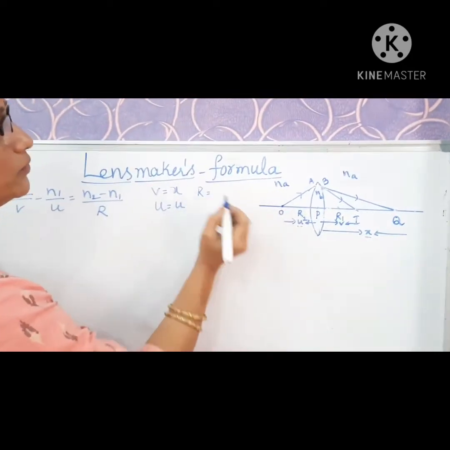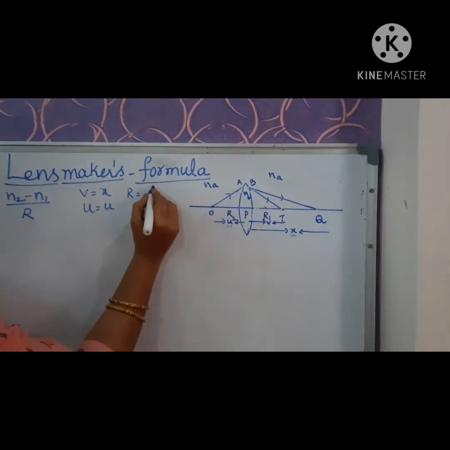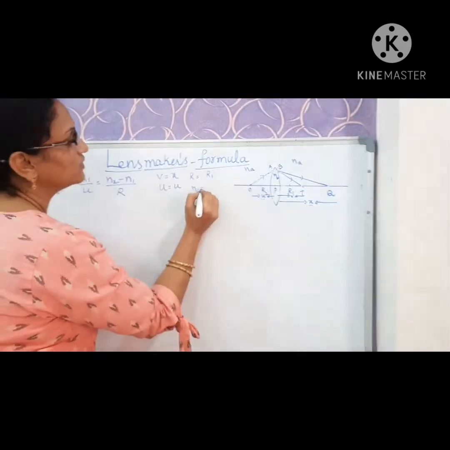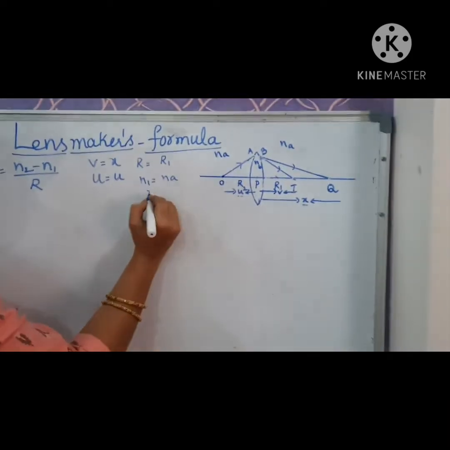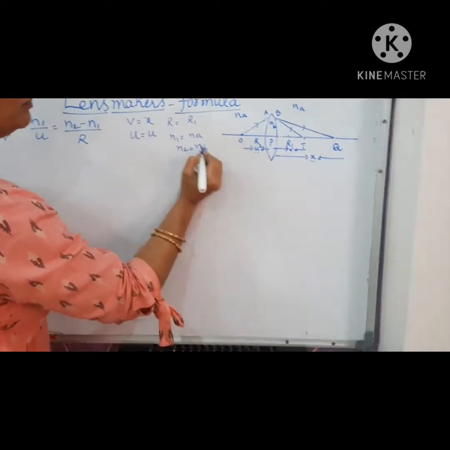For this curved surface, R1 will be the radius of curvature. And N1 is the refractive index of the first medium, that is Na. And N2 is the refractive index of the second medium, that is Nb.